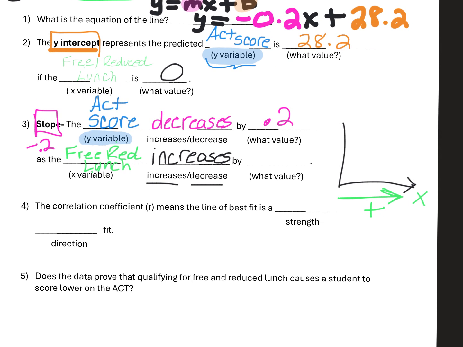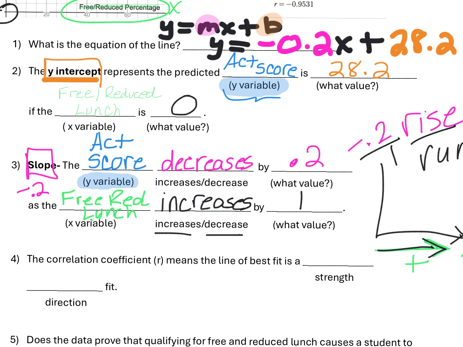And increasing by what value? Well, to get our rise and our run for the slope, the rise is negative 0.2. And how do we turn that into a fraction? We just stick a 1 underneath it. So that means our x is increasing by 1. So the slope represents that decrease of 0.2 as free and reduced lunch increases by 1.